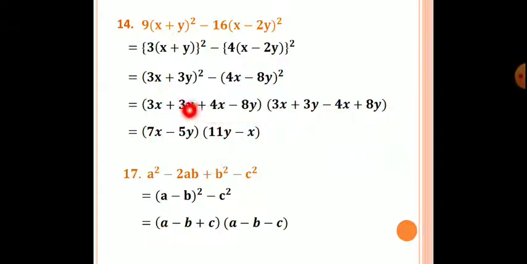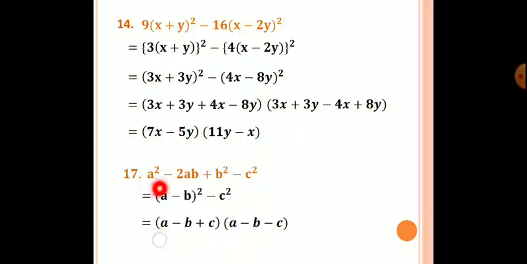Now since there are like terms, 3x plus 4x, we have 7x, plus 3y minus 8y is minus 5y. In the second one again we'll have 3x minus 4x, which is minus x, plus 3y plus 8y is 11y. So the factors are (7x minus 5y) and (11y minus x).